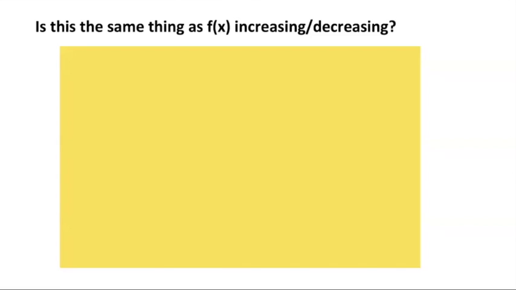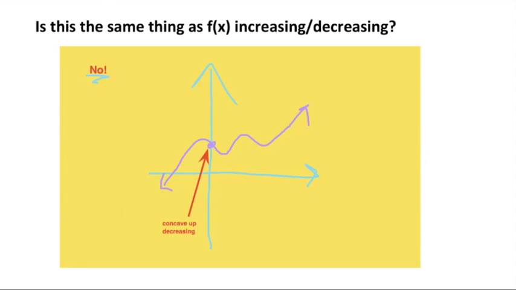A common confusion that students often have is they get concave up and down mixed up with increasing and decreasing. These are totally different ideas. Why would we create concave up and down as a concept if it was the same thing as increasing and decreasing? There's basically no relationship between them. If you look at just another graph that we're going to squiggle real quick, there are places where the graph is concave up and decreasing. There's one right here. There are places where f of x is concave up and increasing, and there's one right here.